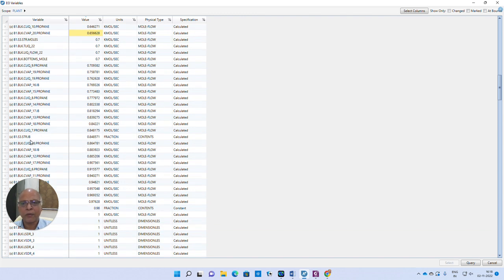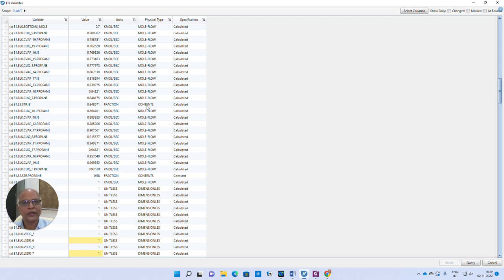So you can see we want isobutane. Yeah. This is in stream 3, which happened to be the bottom product, mole fraction of isobutane in the bottom product. You can see the physical type is contents in case of fraction.